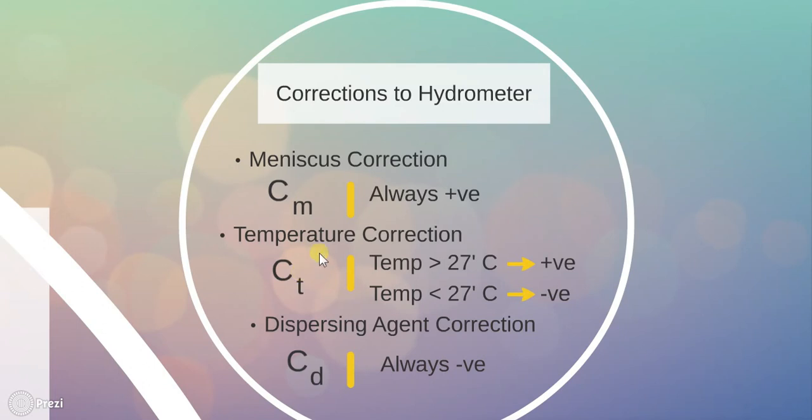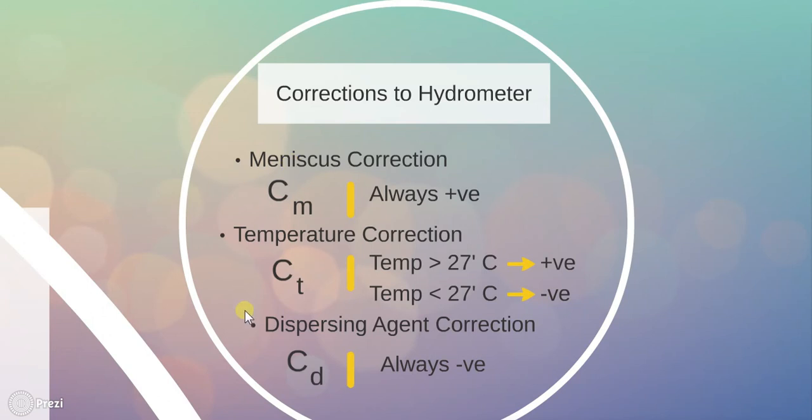In simple words, if the test temperature is more than 27 degrees Celsius, Ct, the temperature correction, will be positive, and if at the testing time the temperature is lower than 27 degrees Celsius, Ct is negative.